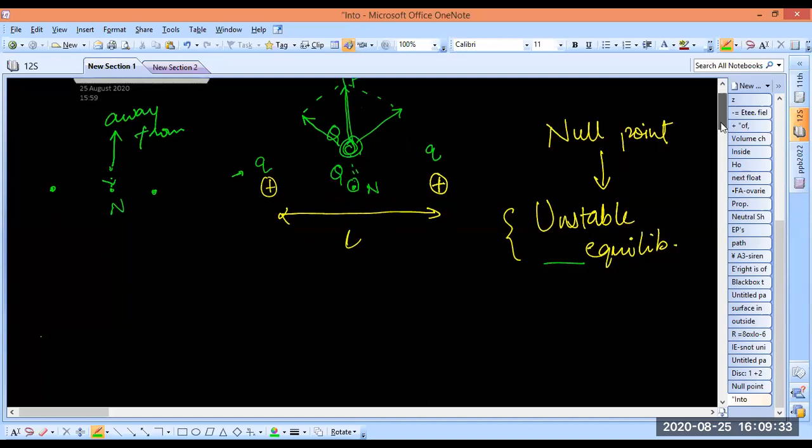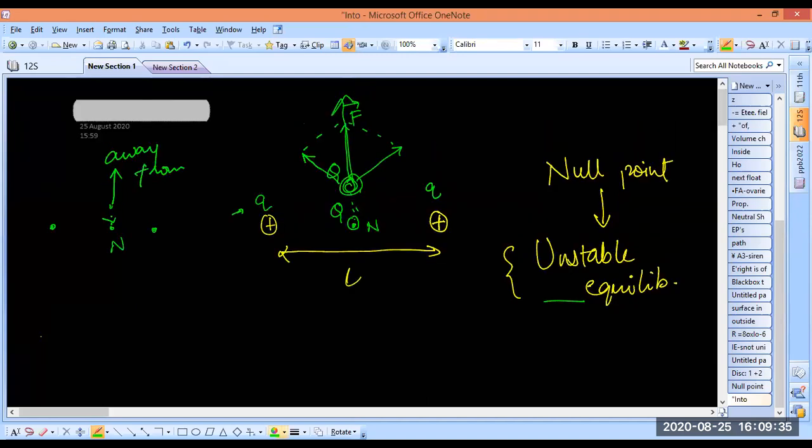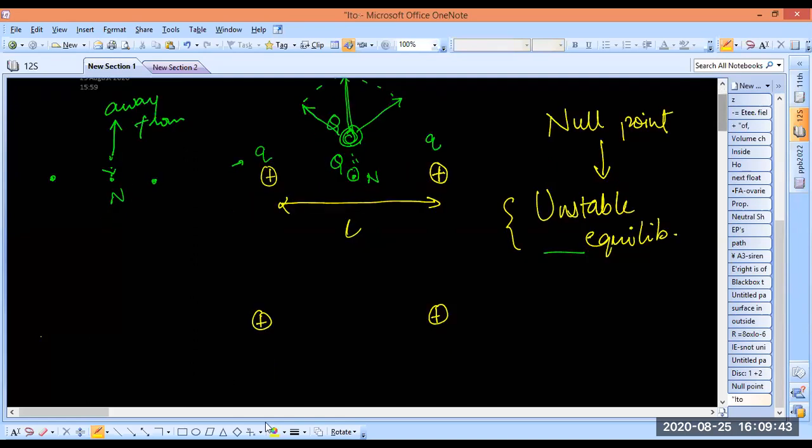Okay, so just like this, if you put a negative charge at the center, at the null point, suppose these are the two charges. Now if we put a negative charge over here, let's say at the null point we put minus q charge, then the unstable equilibrium idea will come up when you move this either left or right.